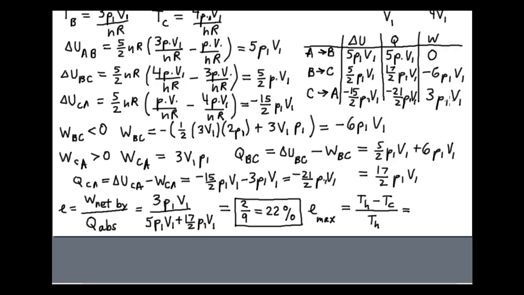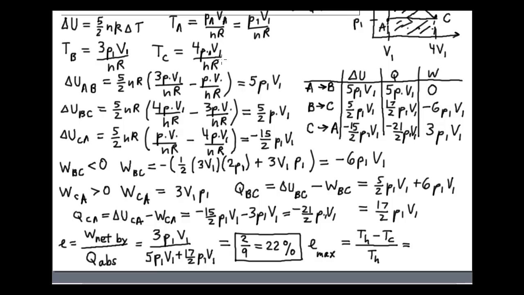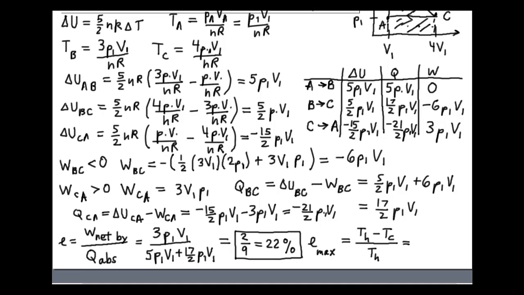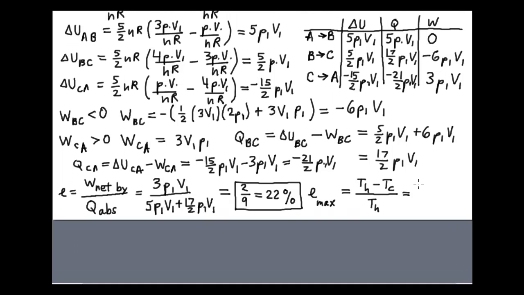If I scroll back up for a second, we see that the highest temperature was 4 P1V1 over Nr. The lowest temperature was P1V1 over Nr. So the numerator was 4 P1V1 over Nr, minus the second term, P1V1 over Nr. And the denominator was the 4 P1V1 over Nr.